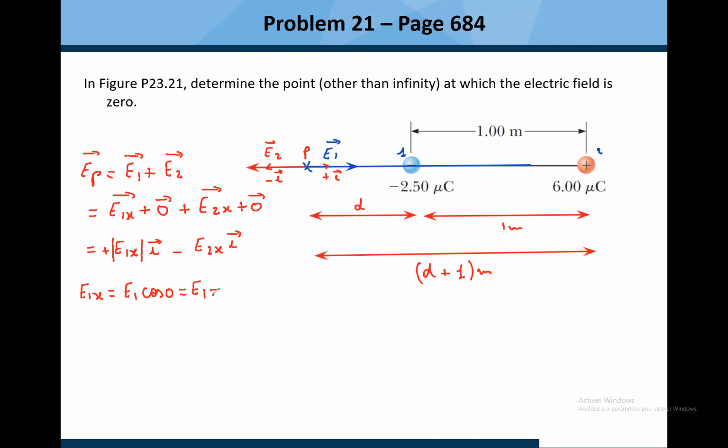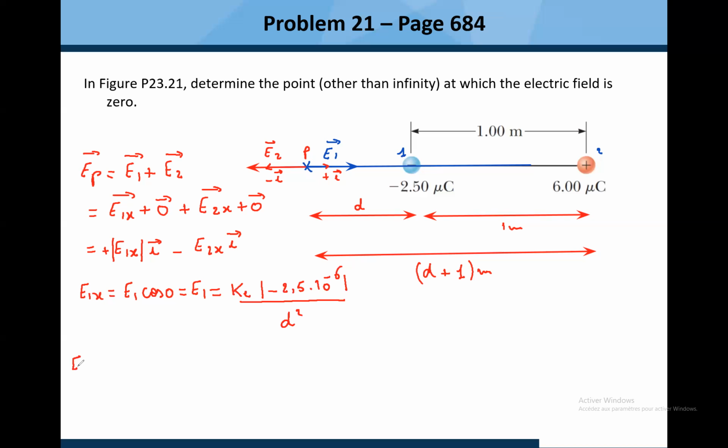And you know well that E equal k times Q over distance square. We are talking about Q1. Q equal minus 2.5 times 10 power minus 6. Don't forget its absolute value. Divided by the distance square, the distance between P and 1 equal d, divided by d square.